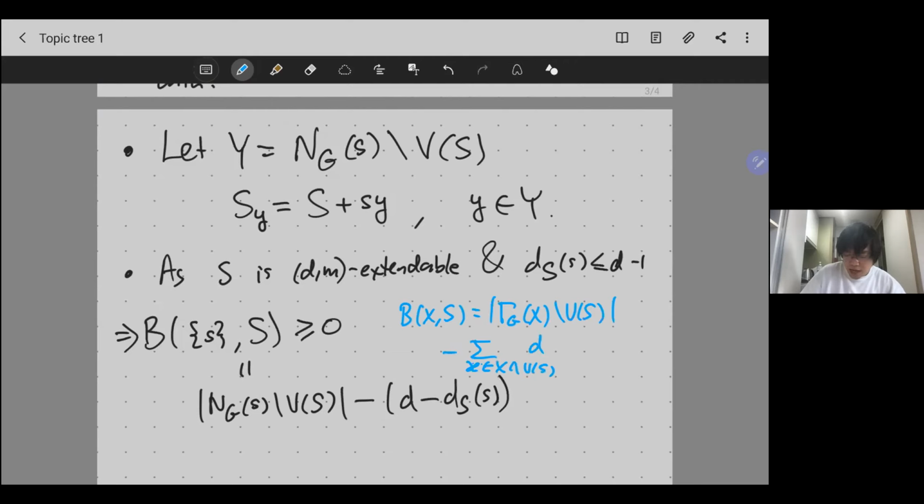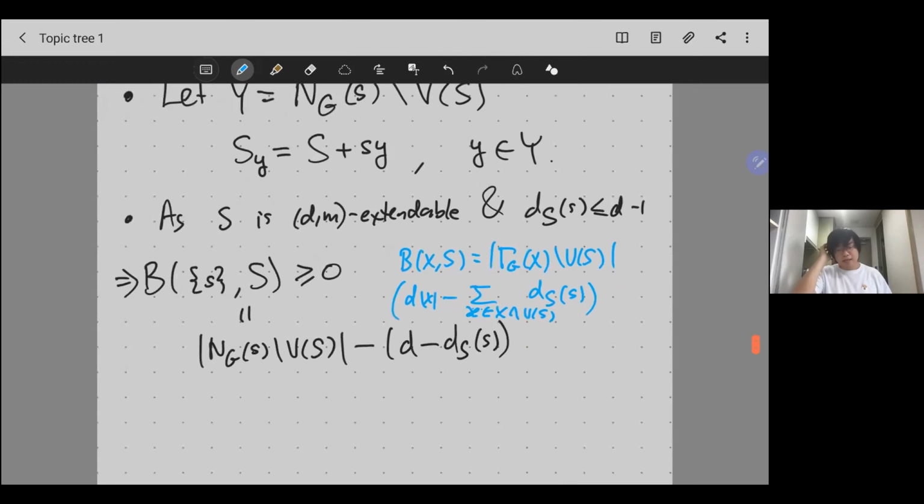What is this? It is D of x minus that. Here X is the singleton little s, so we have that.